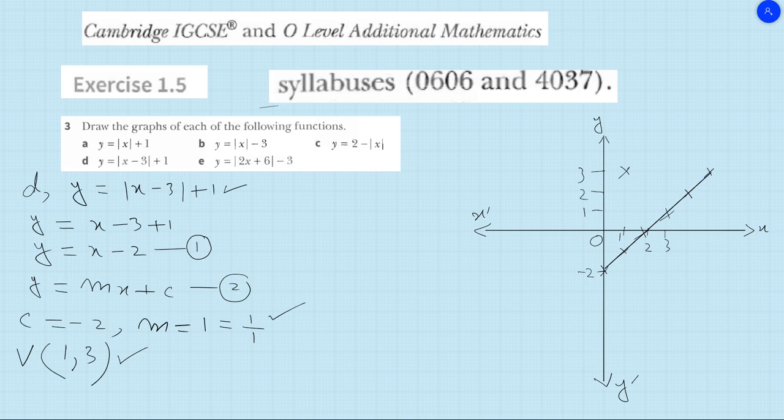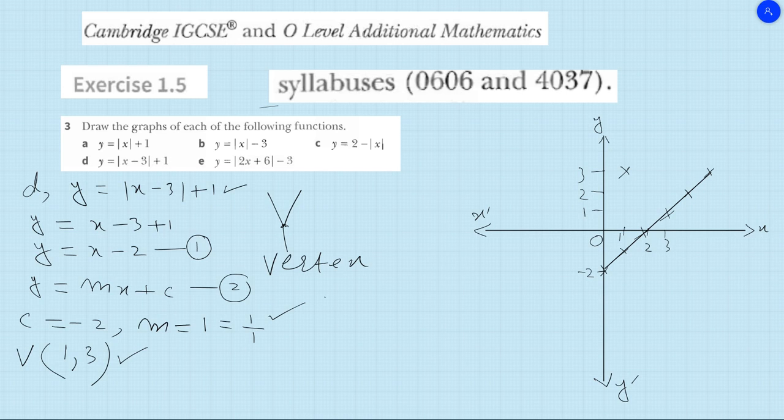So our graph should be V-shaped, and vertex means this point. This point is the vertex.